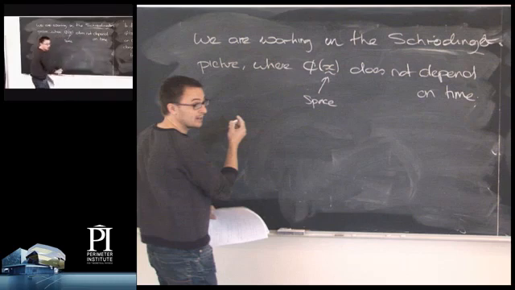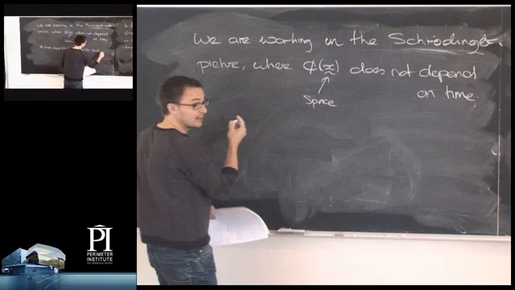Okay, so where's the time dependence? All the time dependence sits in the state and how the state evolves. And how does it evolve? Well, it just evolves by the Schrödinger equation. It's exactly the same as in quantum mechanics.